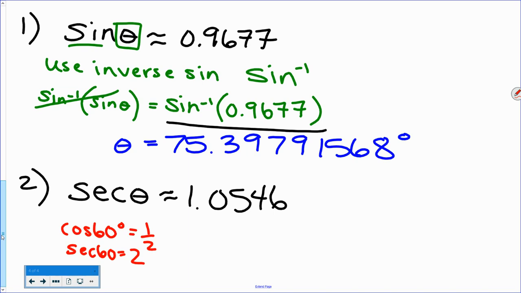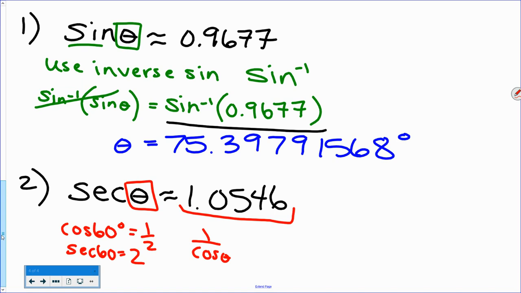I just flip over that fraction. I don't know what this angle is, that's what I've got to figure out. You can write this as 1 over cosine of theta, but I don't know theta, so I have to work with what I've got.